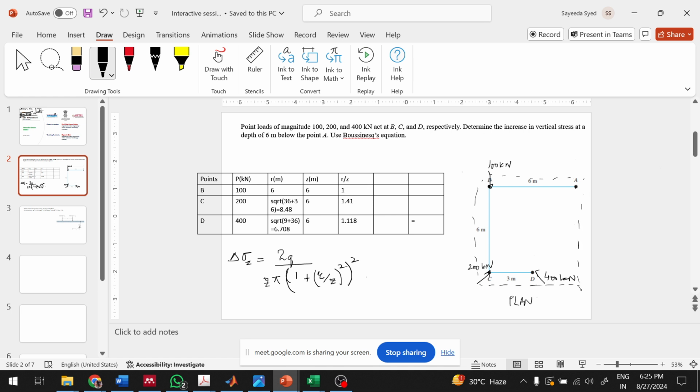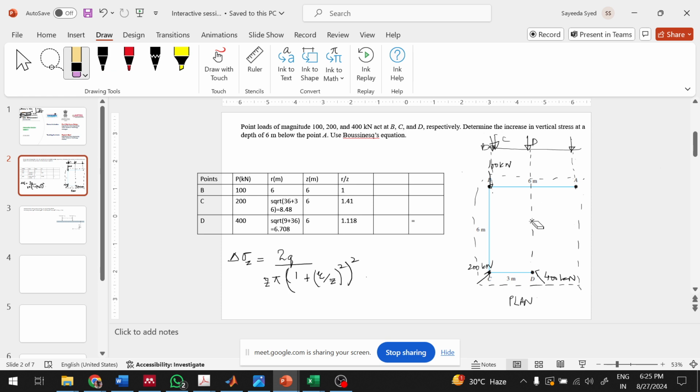So if you look at it in the side view, you will find A here, you will find B and C here, but C will be farther, but in the same line. B and C, and D you will find here.